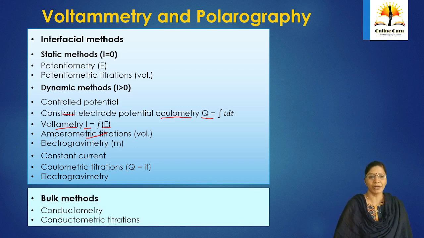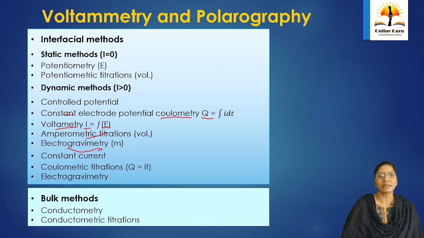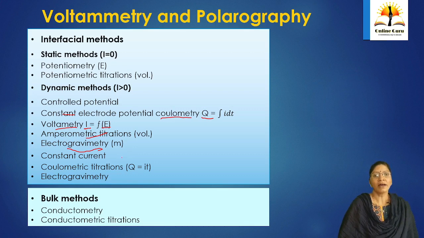That is amperometric titration. The next is electrogravimetry. What is electrogravimetry? The weight of the analyte is related by passing a fixed amount of electricity. We can apply Faraday's law of electrolysis and relate it to the quantity of substance deposited on the electrode, and that technique is electrogravimetry.